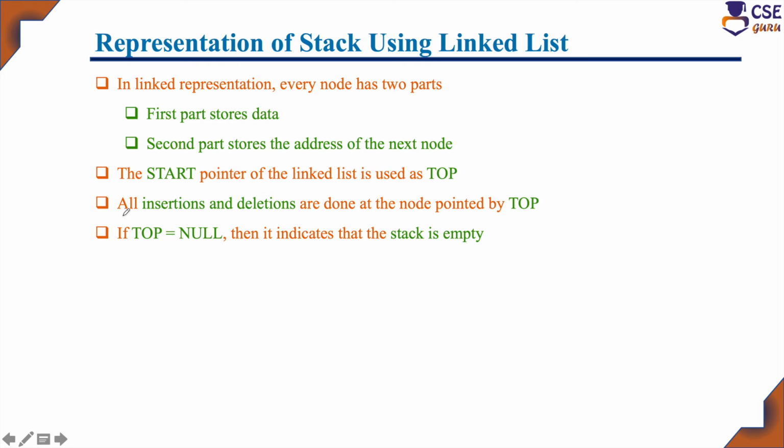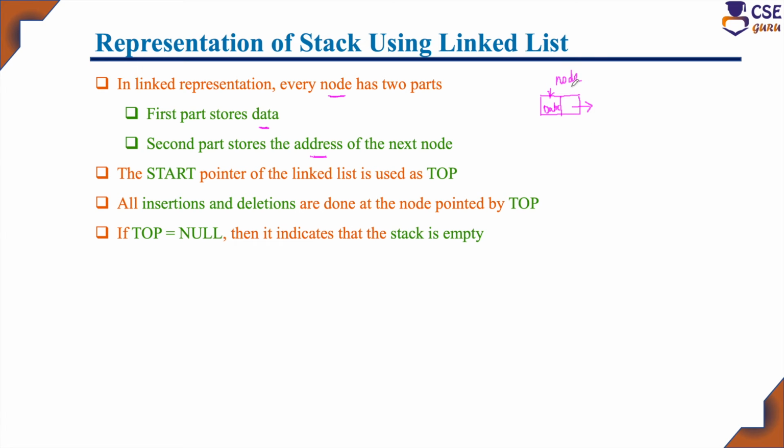So what do I mean by linked representation? In linked representation, every node has two parts. Already we know what a linked list is. The first part represents the data and the second part represents the address of the next element. This is the node structure.